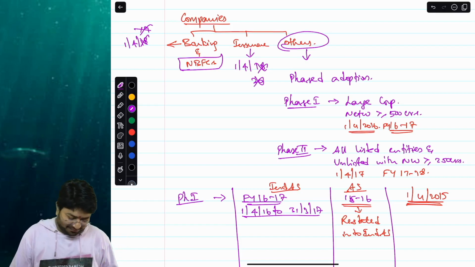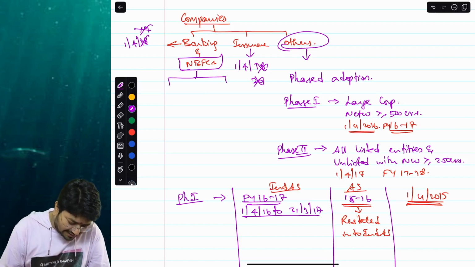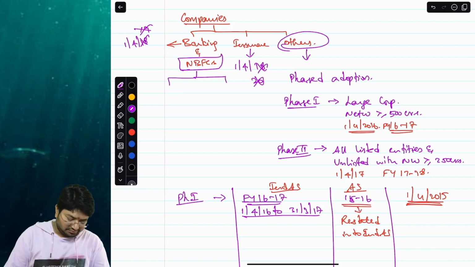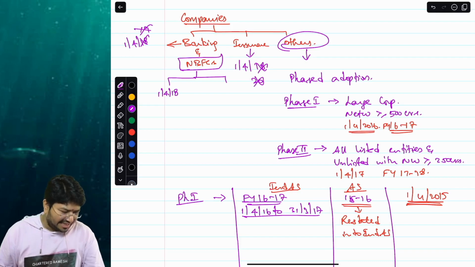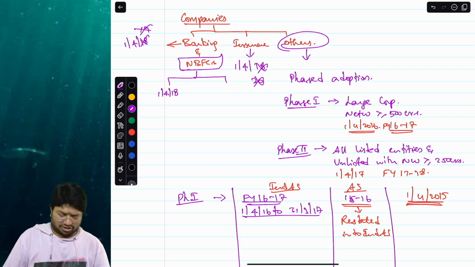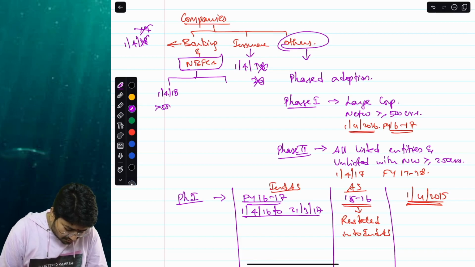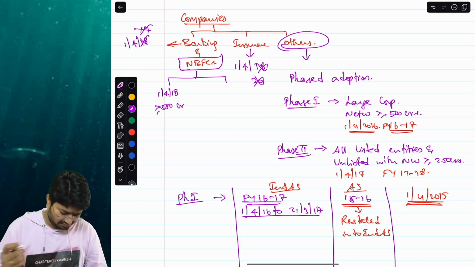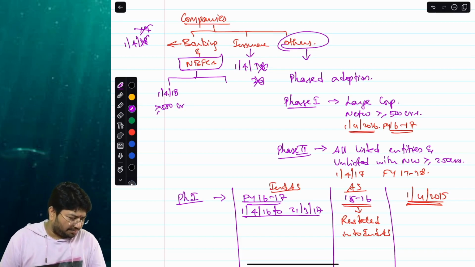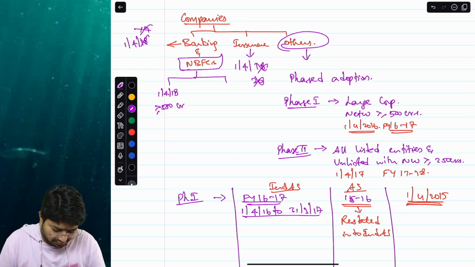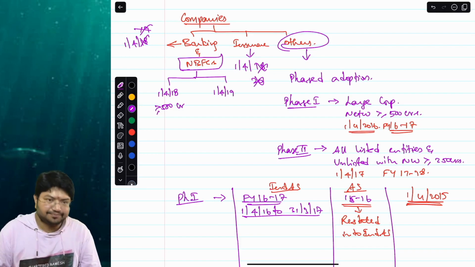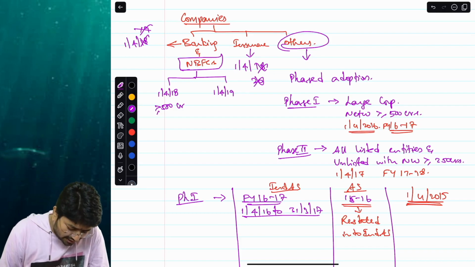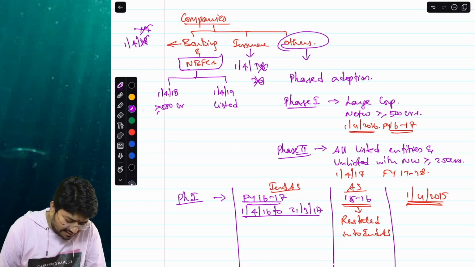Okay. Now, with respect to NBFCs, again there are two phases in which it happened. From 1/4/2018, if the net worth is greater than 500 crores, they are supposed to adopt. Okay. And from 1/4/2019, if you are a listed entity, mandatory.